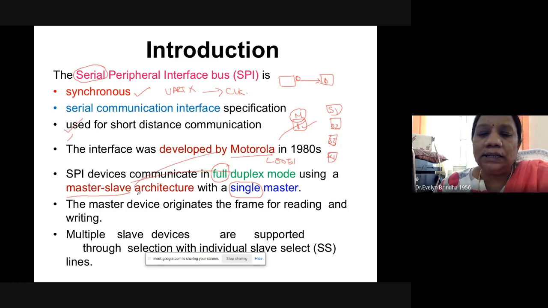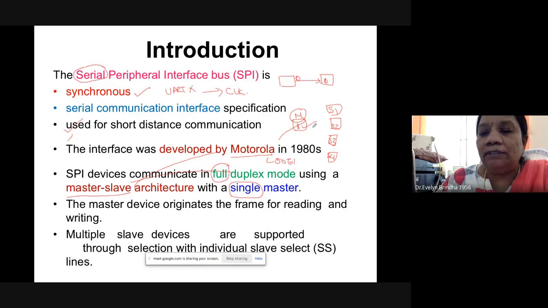The master should initiate all the process. It should initiate the clock, it should initiate the data, everything should be done by the master. That's why it's called master. The master also has the ability to select which slave it has to communicate with at a particular time. Suppose there are 4 slaves.